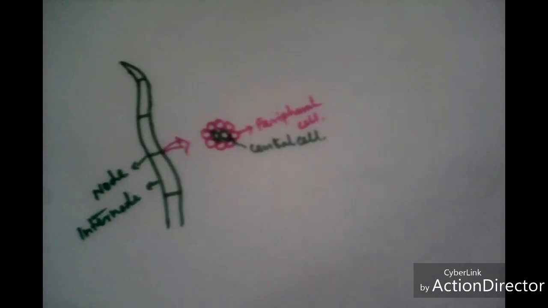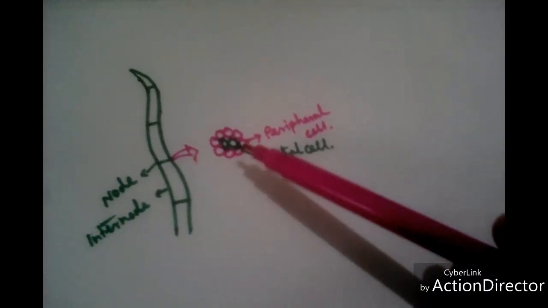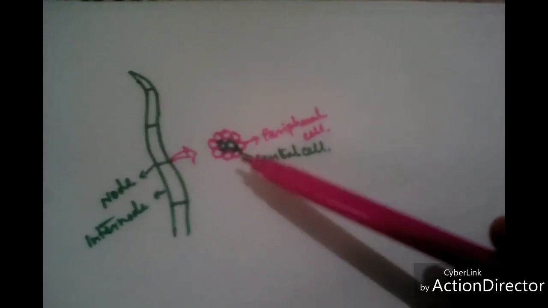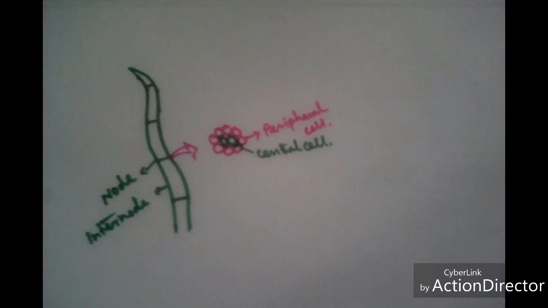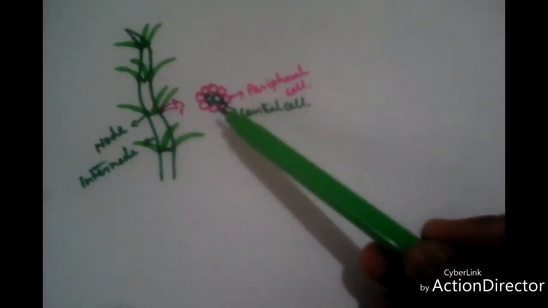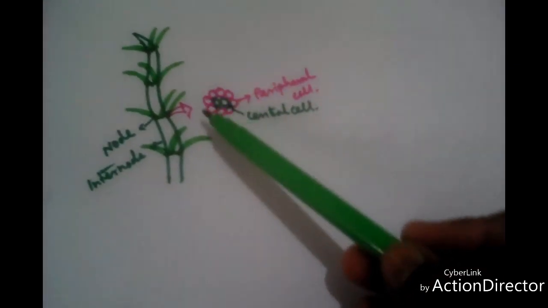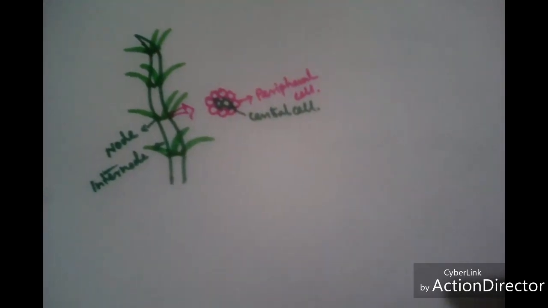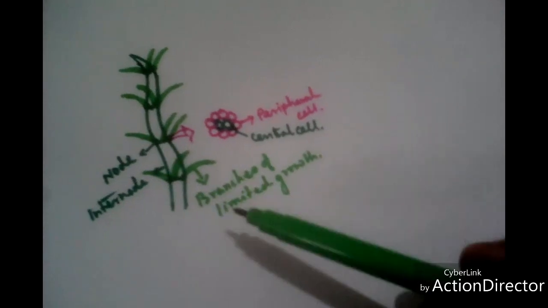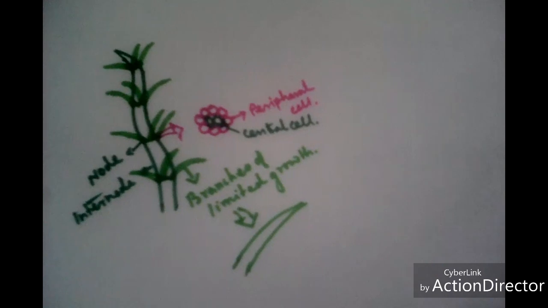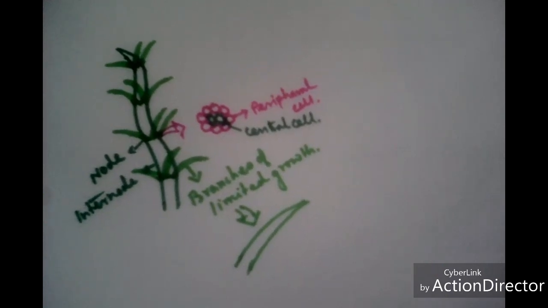Now from these peripheral cells, branches of limited growth arise. So these branches of limited growth arise from these peripheral cells, and each branch of limited growth contains 5 to 15 nodes.